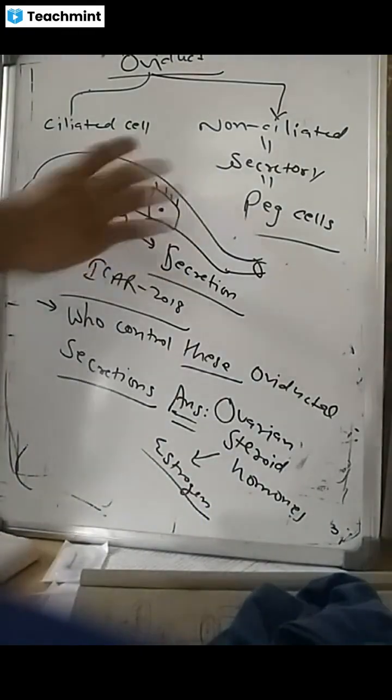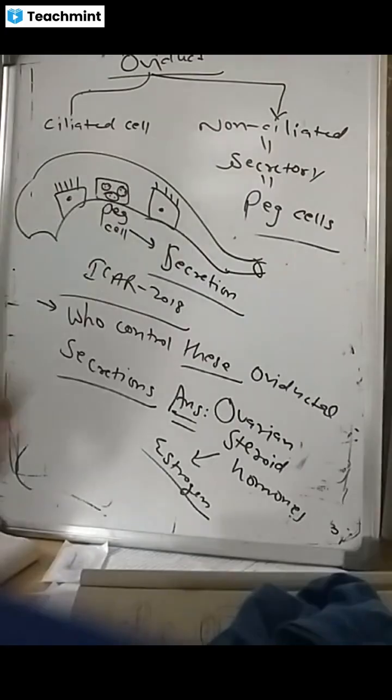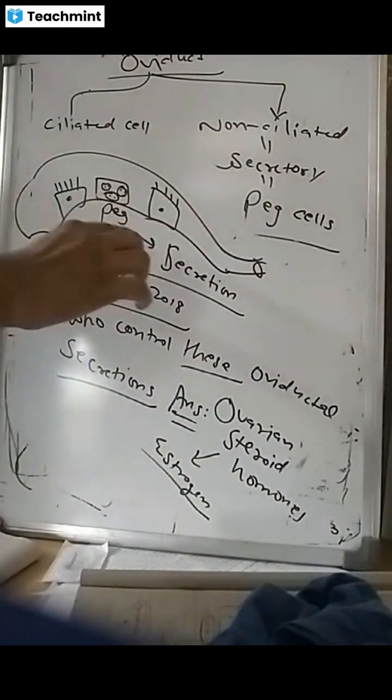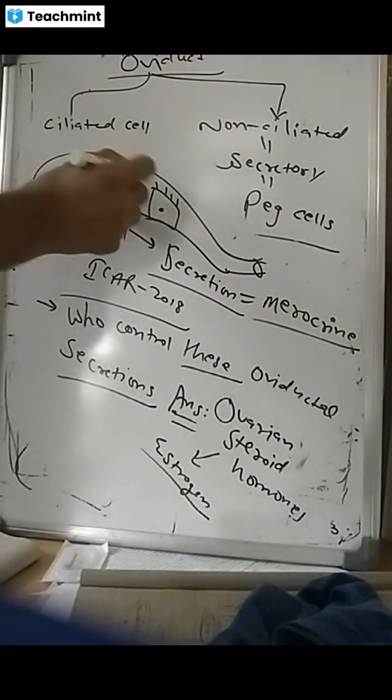So this is the oviduct, two types of cells: non-ciliated, or secretory, or PEG cell. The mode of secretion is merocrine. These secretions are controlled by hormones, that is estrogen.